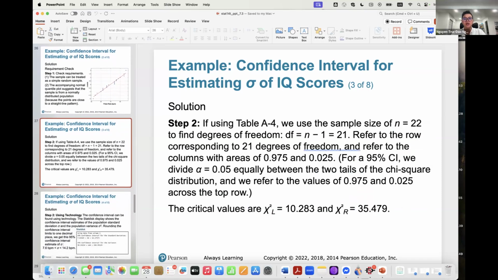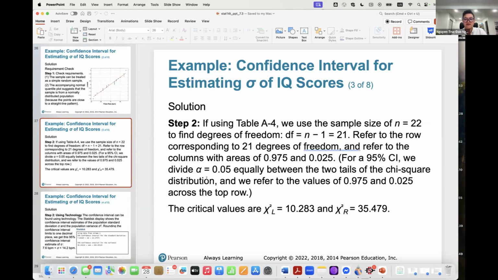Step number 2, we can use Table A-4. We use the sample size of n equals 22 to find degrees of freedom. So we know that the degrees of freedom is 21. And then we refer to the row corresponding to 21 degrees of freedom and refer to columns with area 0.975 and 0.025 for a 95% CI.